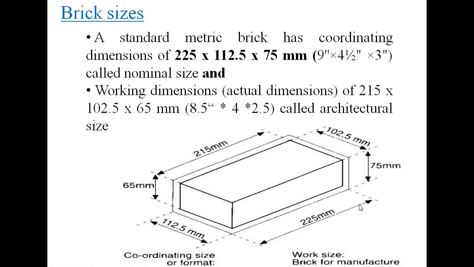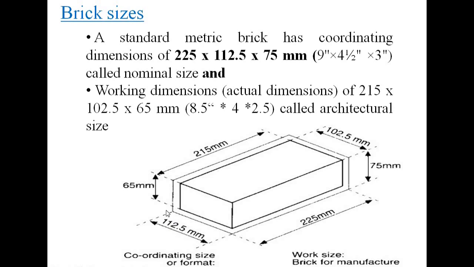Similarly, the working dimension of the brick along the width is 102.5 mm and the coordinating dimension is more than that, that is 112.5 mm.